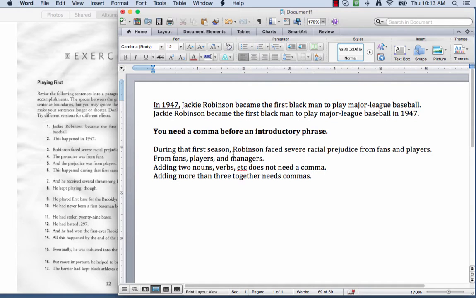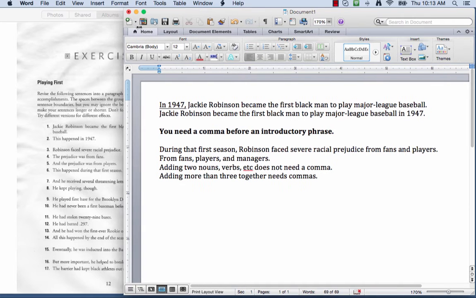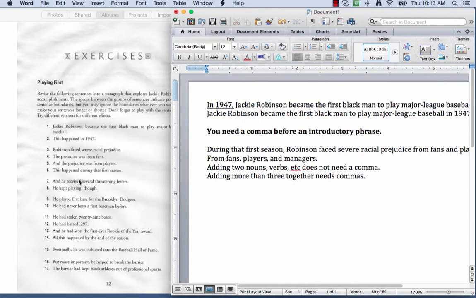Let's go to the next one. I'm going to have to try to move this again. I couldn't find a better way to do this, and I apologize. I played with this a while and tried to figure it out. Okay. And he received threatening letters, and he kept playing, though.